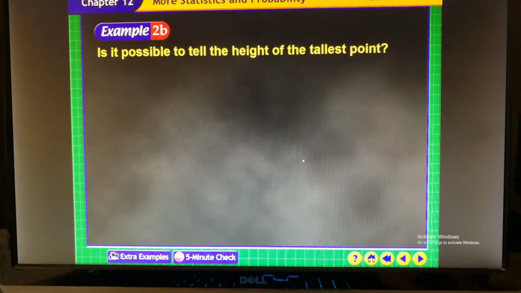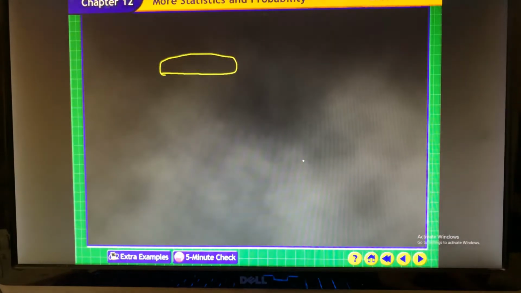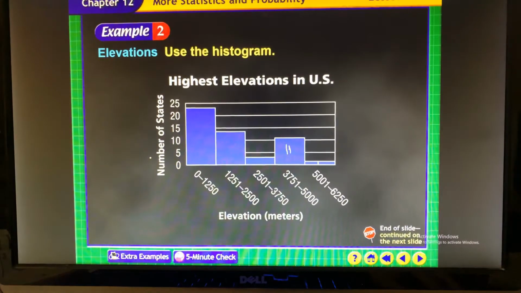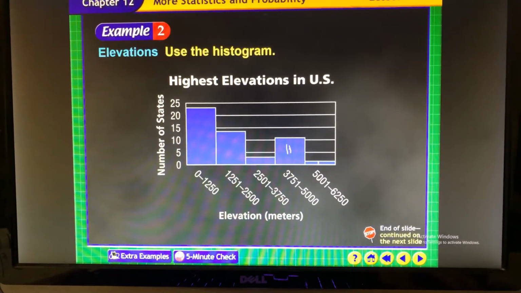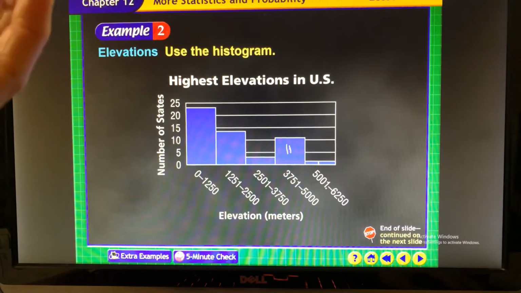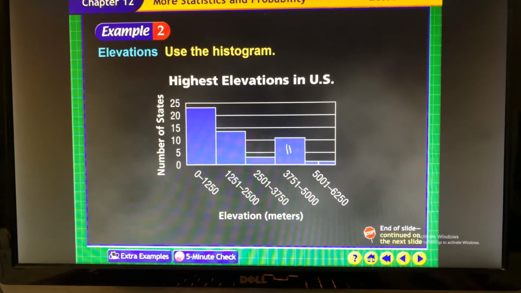Is it possible to tell the height of the tallest point? Let's go back. No, you can't, because they're in an interval. You don't know if the tallest point was 6,250, or 6,000, or 5,001.